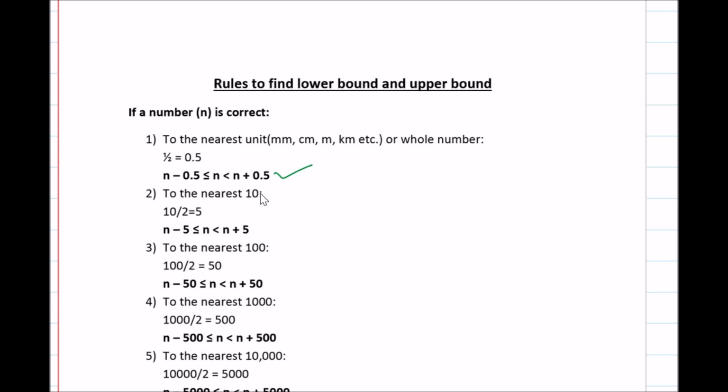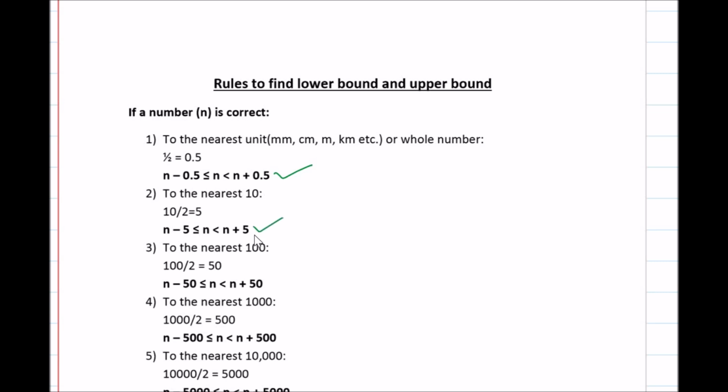Now the next one, to the nearest 10. To the nearest tens we will take 10 divided by 2. So 10 divided by 2 is 5. So subtract 5 from the number to find the lower bound and add 5 to the number to find the upper bound.